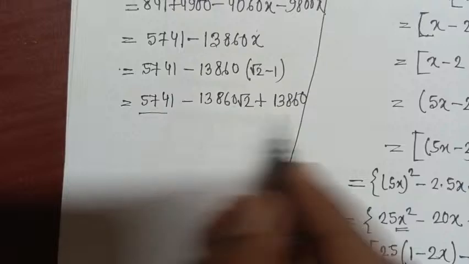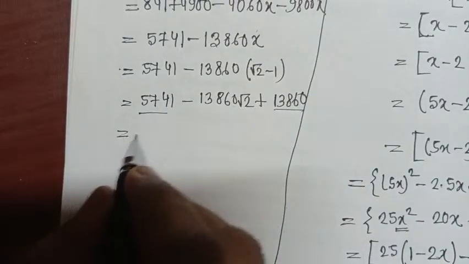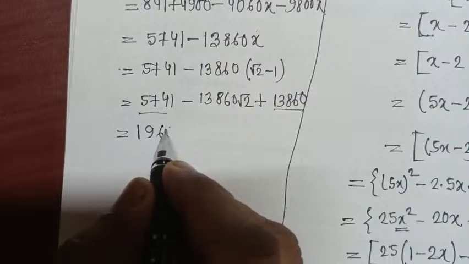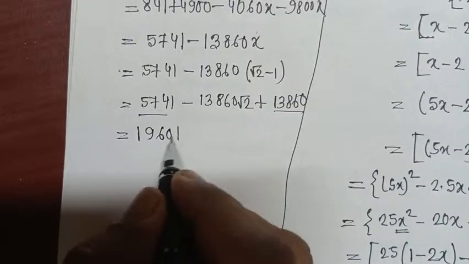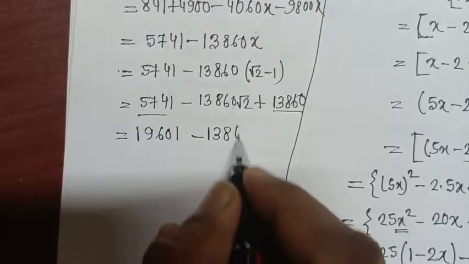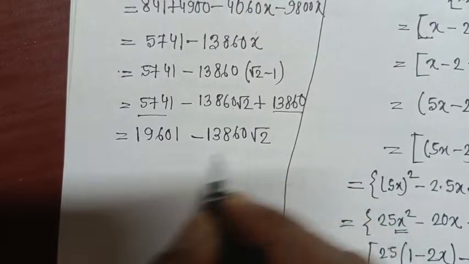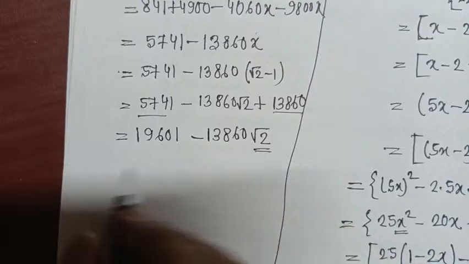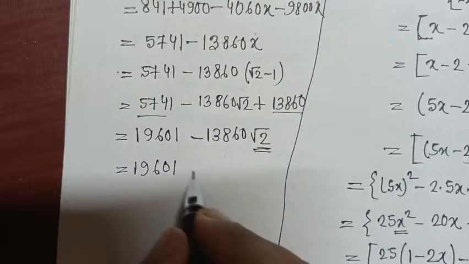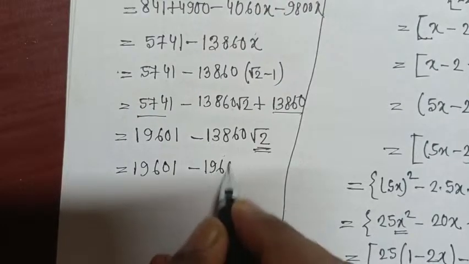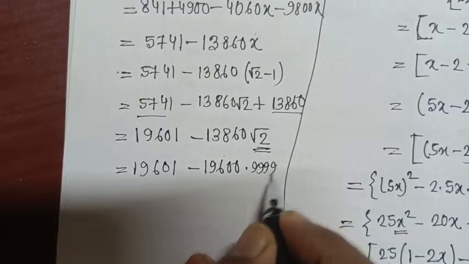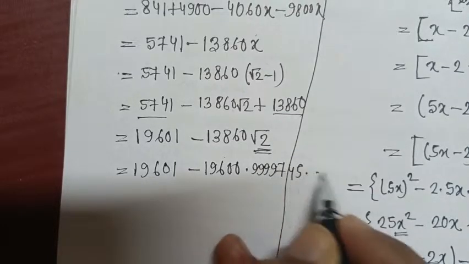Now if we add these two, we get 19601 minus 13860 root 2. If we put the value of root 2 into the expression, we get 19600.9999745 and so on.